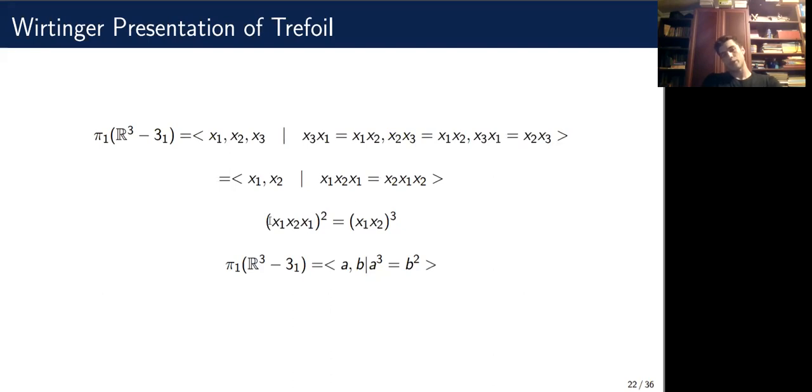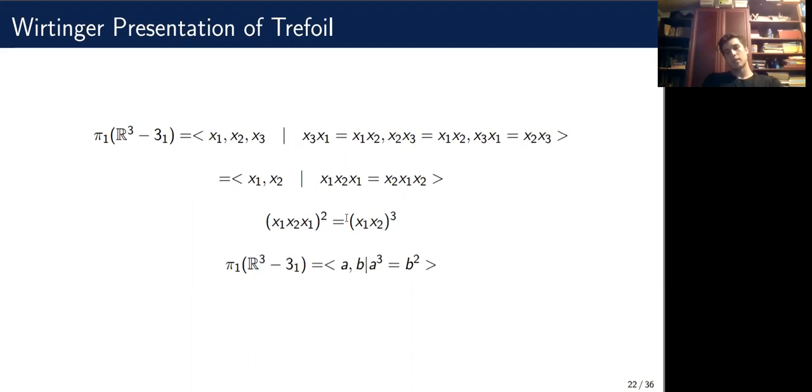Therefore, I have an equation like this. So I relabel the left-hand side as B and the right-hand side as A, and the group will be simplified into this one: 2 generators and 1 relation, but simpler than the above. So the group I obtain in this way is called the Wirtinger representation of the knot group.